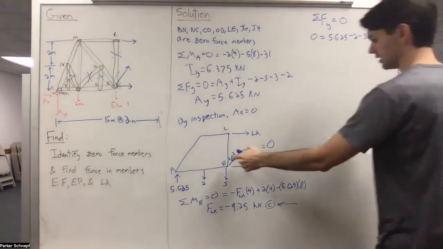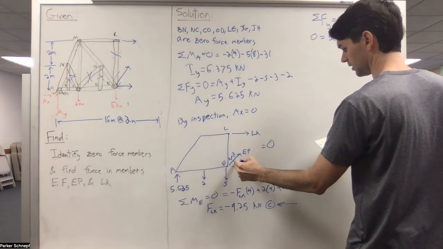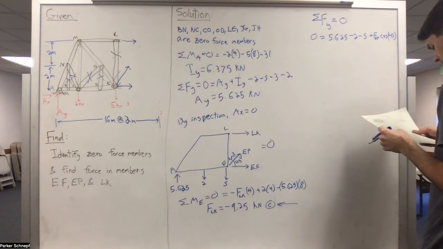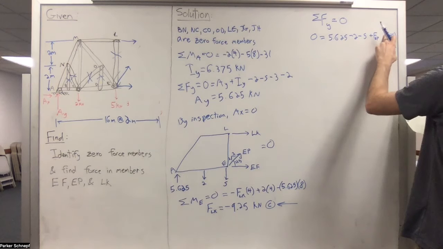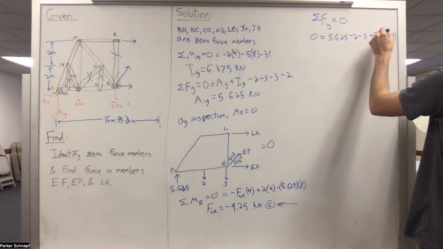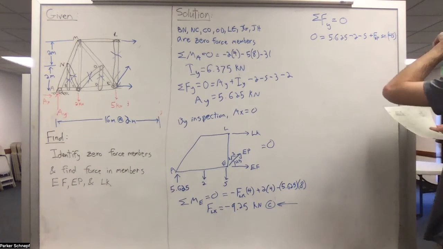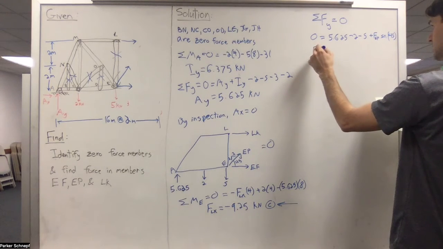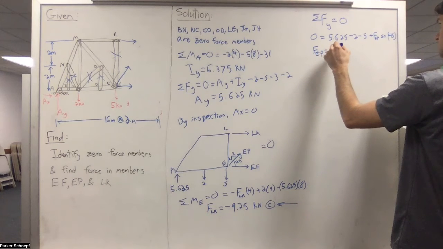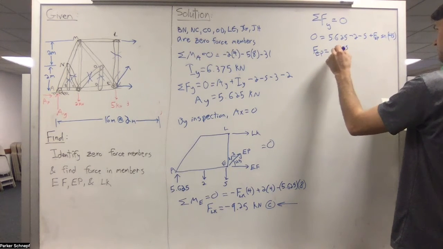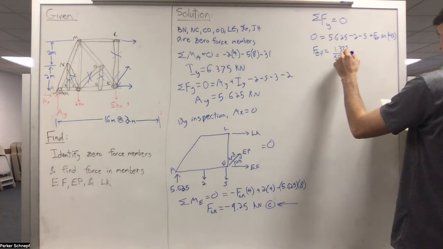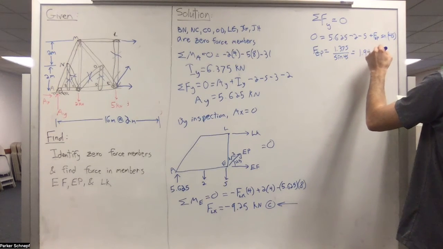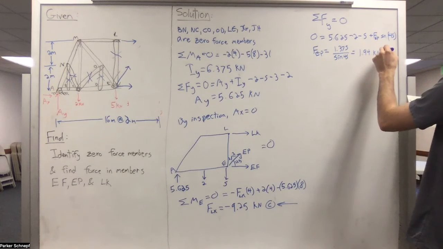Right, because it's 45 degrees. Or sorry, I guess sine 45. It doesn't actually matter with the 45 degree cosine and sine. So it's good notation. And so I end up getting that FEP equals 1.375 divided by sine 45 equals 1.94 kilonewtons. That's positive, so that is in tension.